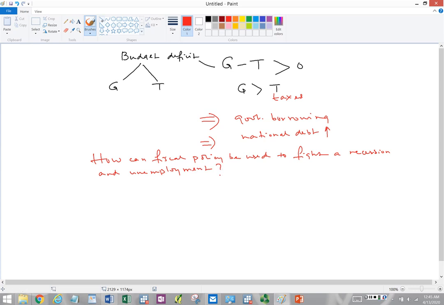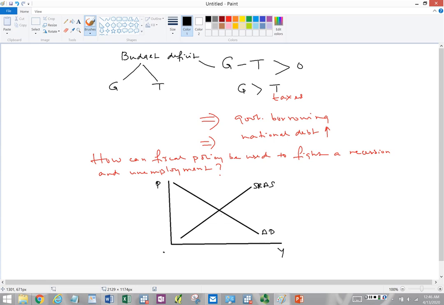And here again, I'm going to quickly replicate our AD-AS model, the same diagram that you saw in my previous page. So let me draw a diagram for a recession. And you know what this looks like already. Real GDP, price level, aggregate demand, short run aggregate supply.